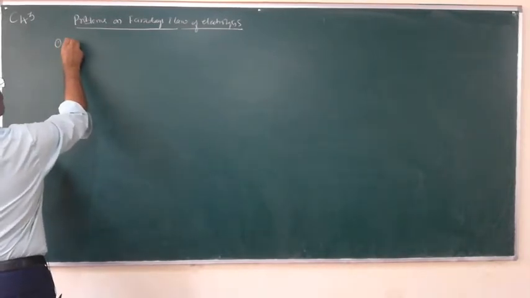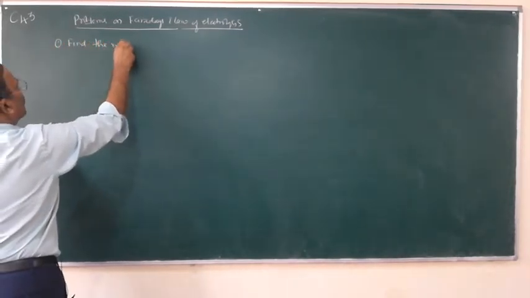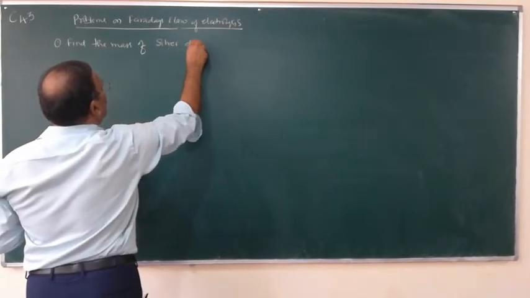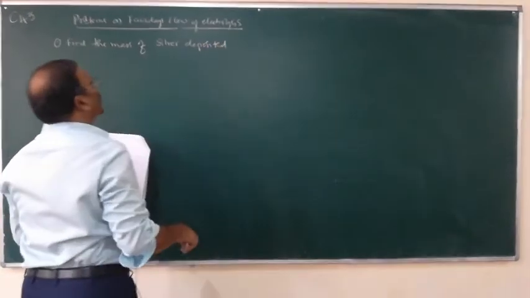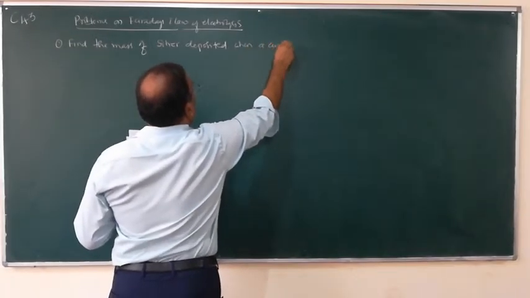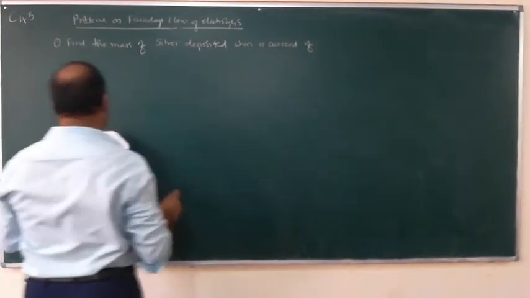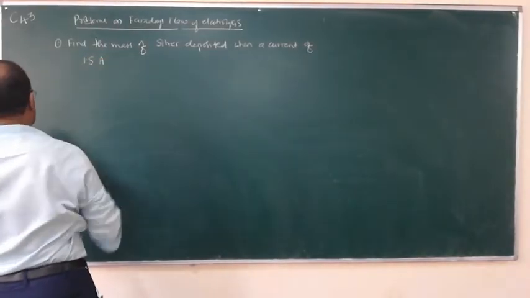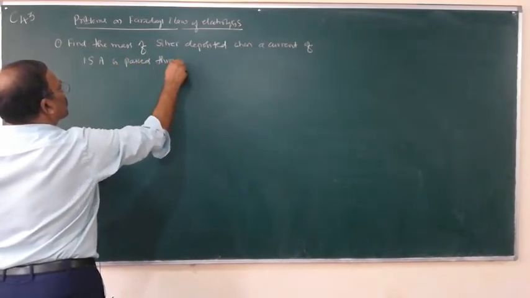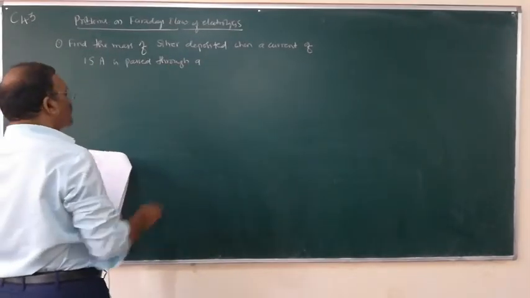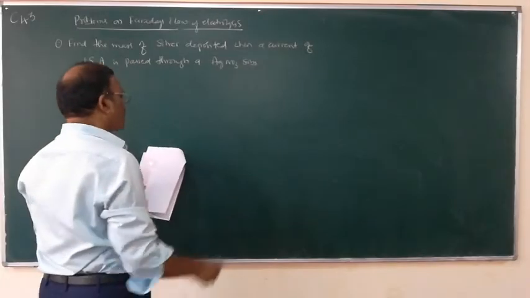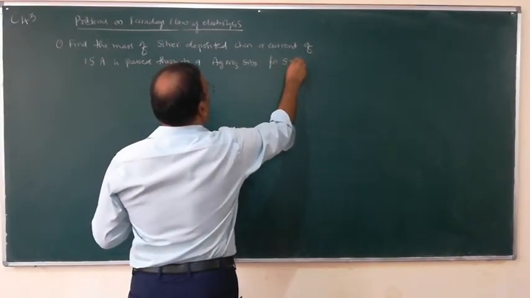Number 1, find the mass of silver deposited when a current of 1.5 amperes is passed through AgNO3 silver nitrate solution for 5 minutes.